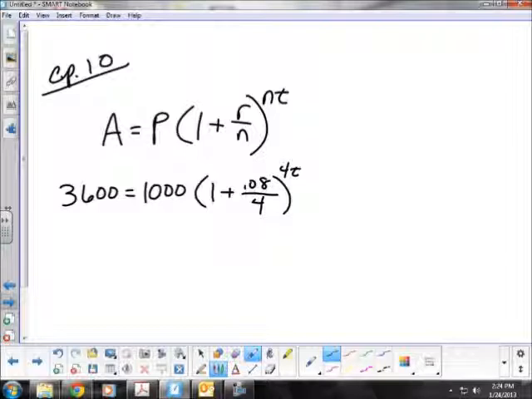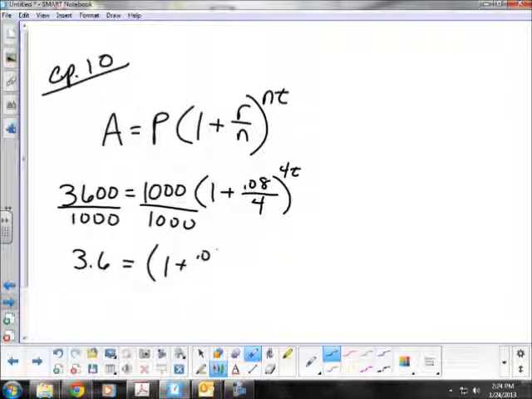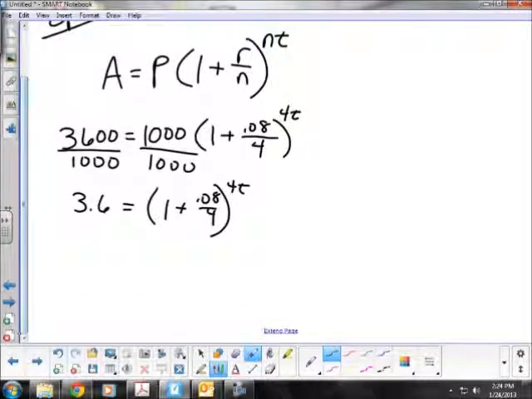So now how am I going to solve this? Can't distribute. I'm going to divide by that 1,000. So I've got 3.6 is equal to... you may see something else that I can do to make my life a little easier.